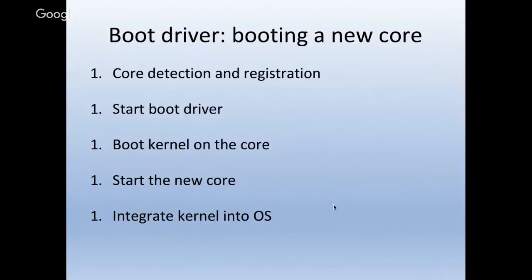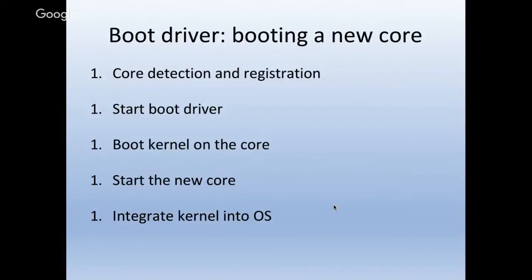Then Barrelfish DC selects a kernel binary and arguments for the new core, and directs the boot driver to boot the kernel on the core. Next, the boot driver loads and relocates the kernel and executes the hardware protocol to start the new core. Finally, the new kernel initializes and uses the existing Barrelfish protocol for integrating into the running OS.